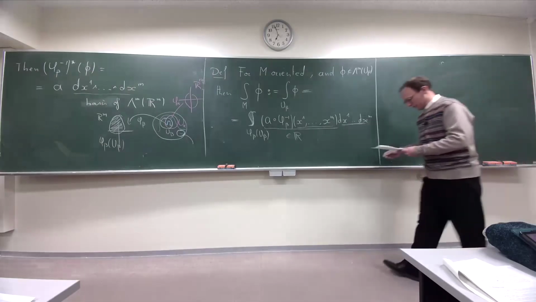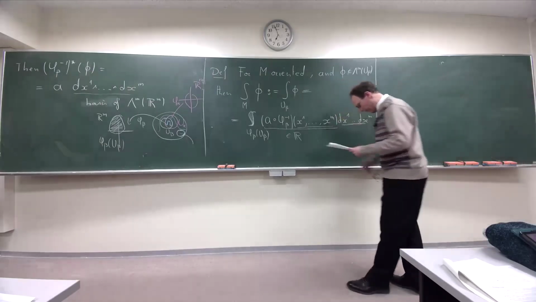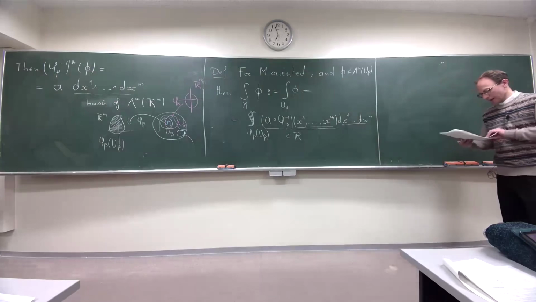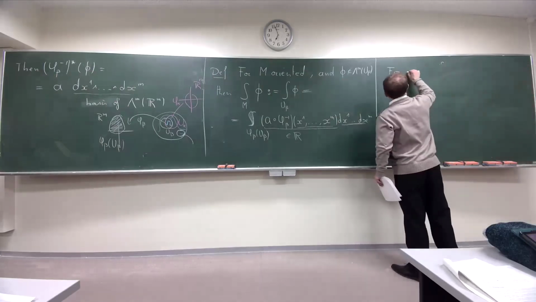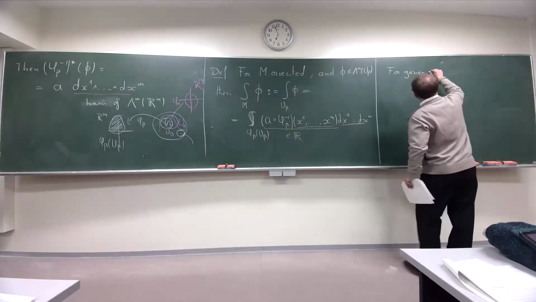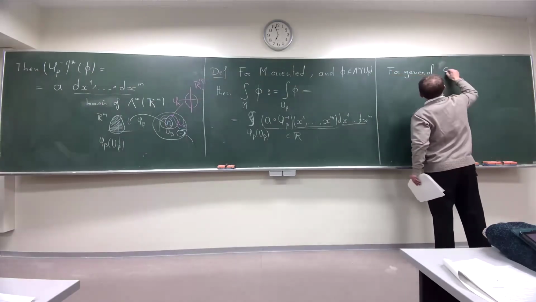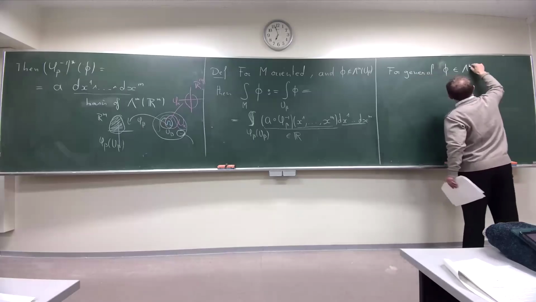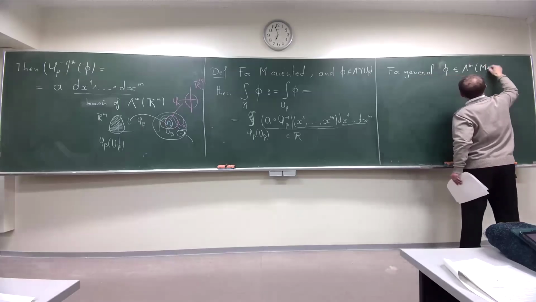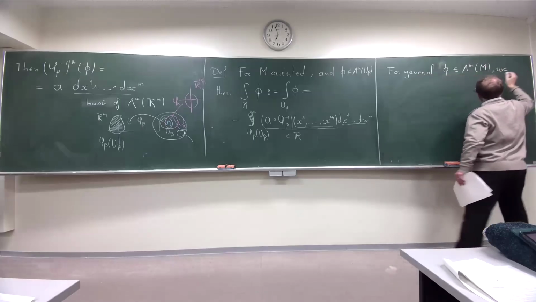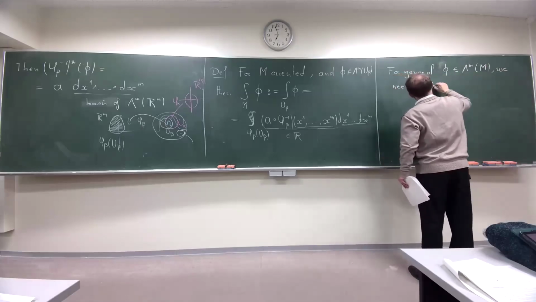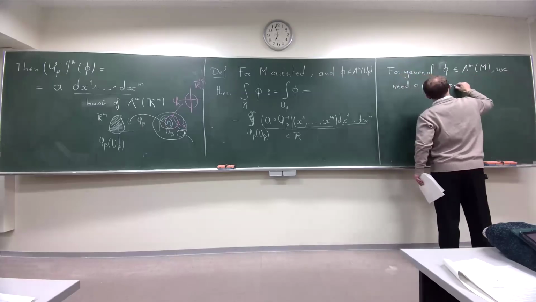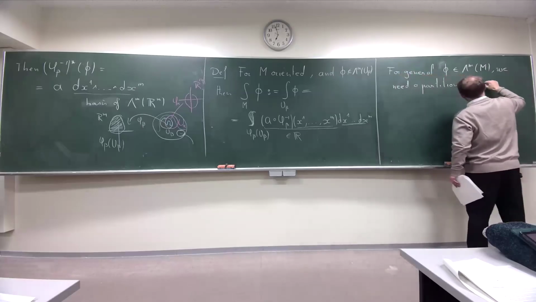So now I will not record the partition of unity because I introduced it last time, but for a general m-form phi, we need a partition of unity, which I have introduced.